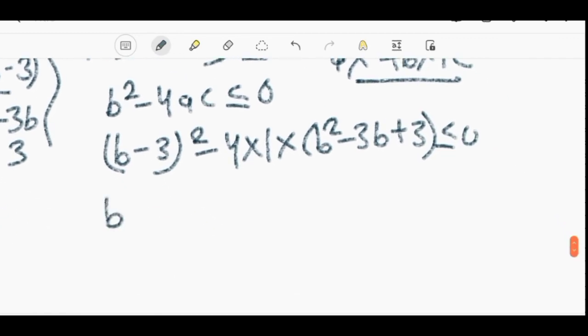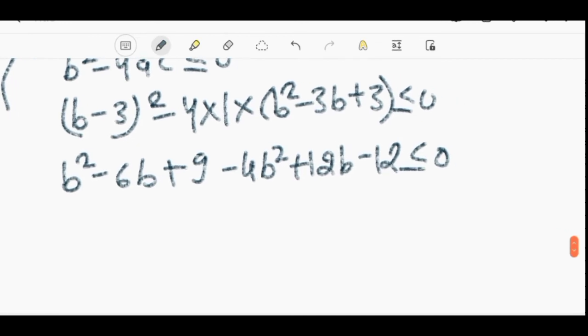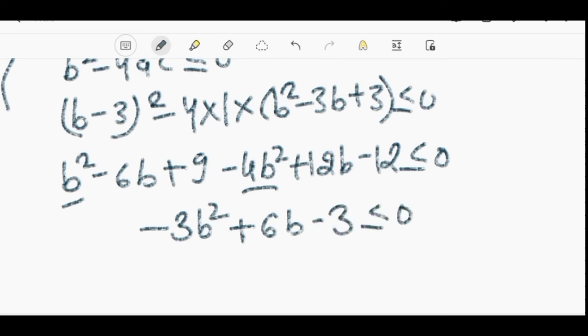After solving this, we'll obtain b squared minus 6b plus 9 minus 4b squared plus 12b minus 12 smaller than or equal to 0. We can simplify this and we'll obtain minus 3b squared plus 6b minus 3 smaller than or equal to 0.